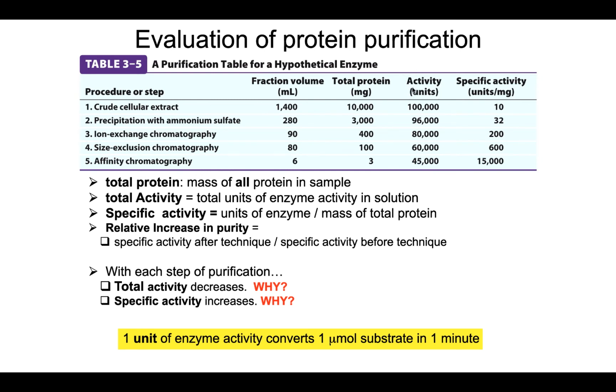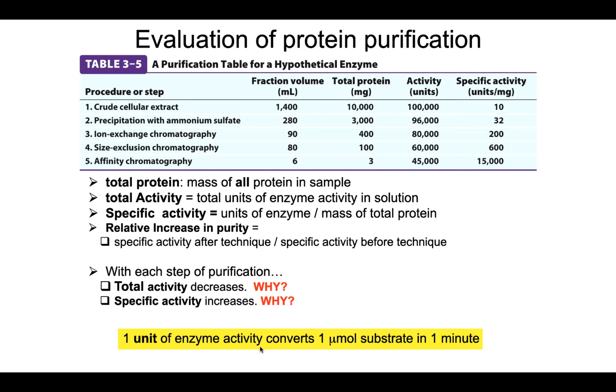Now we're looking at the amount of your protein of interest expressed in units of activity, which means the assay that we're using is an enzyme assay, so this particular data is for the purification of some hypothetical enzyme. So we know what its substrate is, and we have a way of measuring just how much substrate it's converting into product, and that is called a unit.